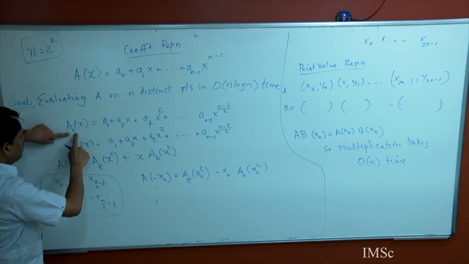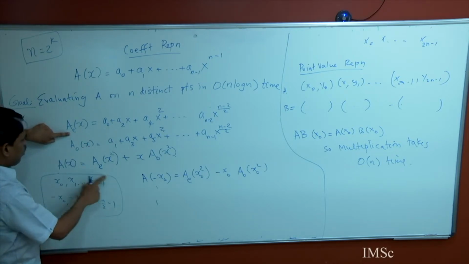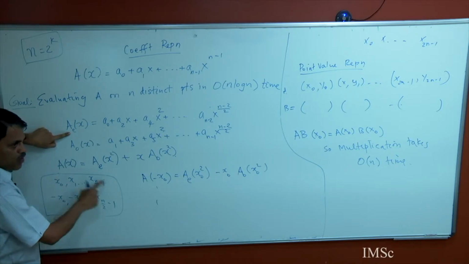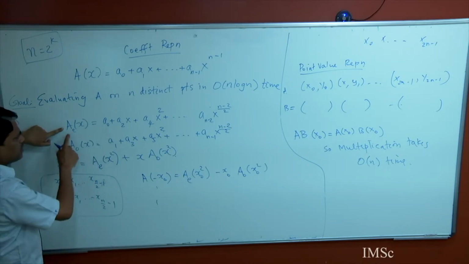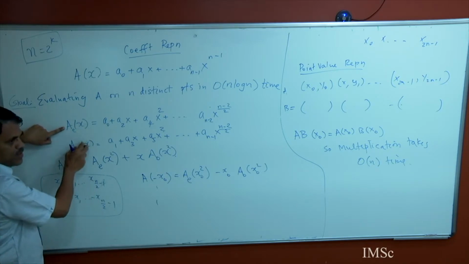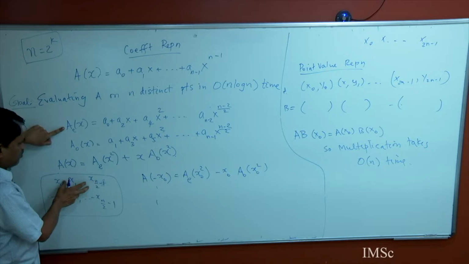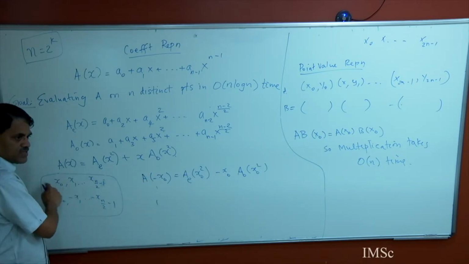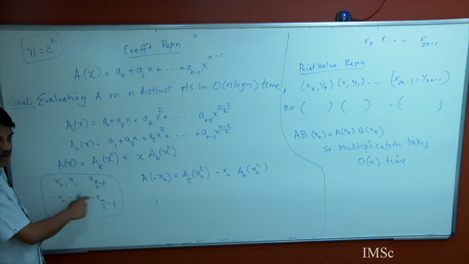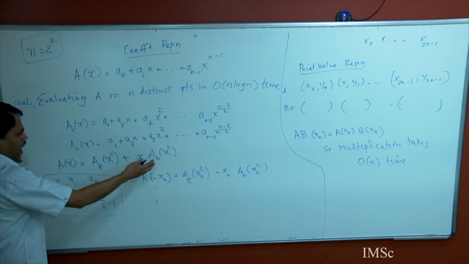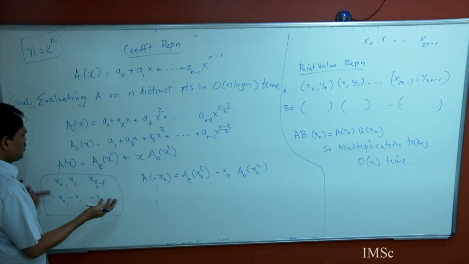Evaluate Ae at the squares of these points. That is only n by 2 points, and that is a polynomial of degree n by 2 minus 1. So, I am evaluating an n by 2 degree polynomial on n by 2 points. Similarly, evaluate Ao at the same squared points, n by 2 points, because these squares are the same, right? And then I need to put them together.